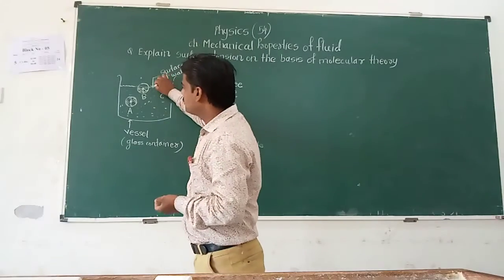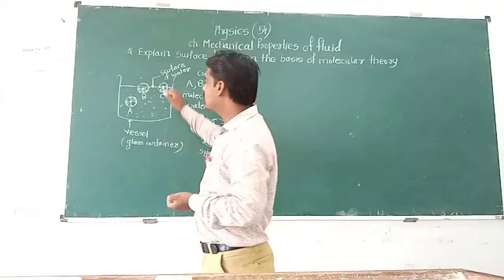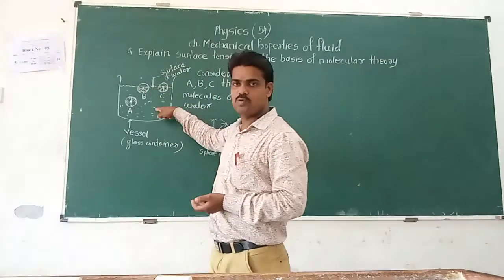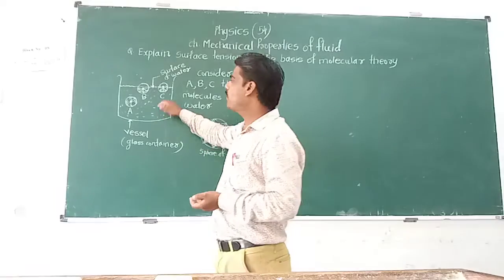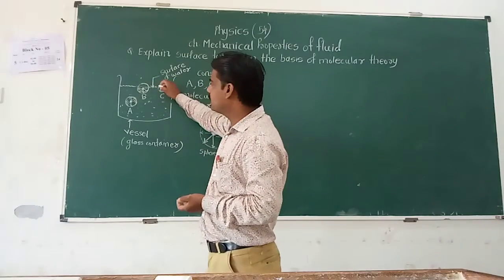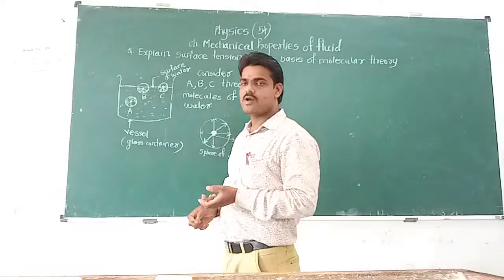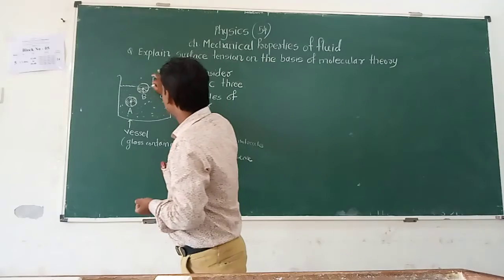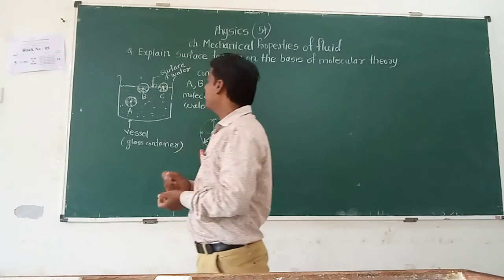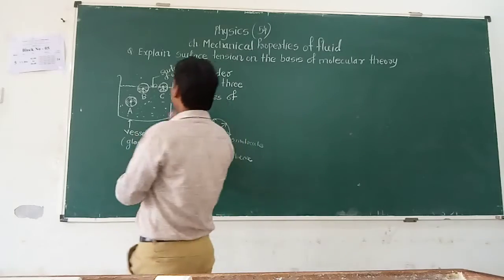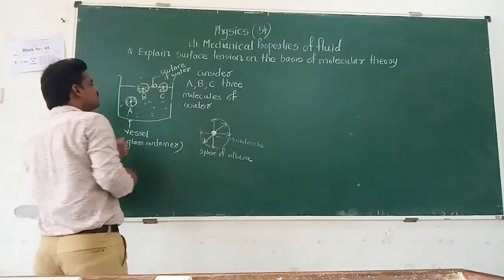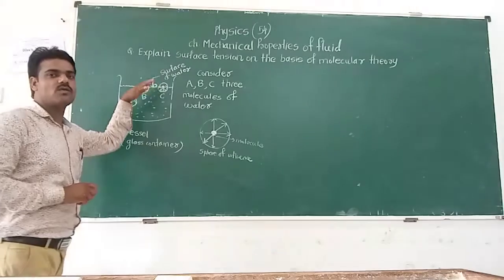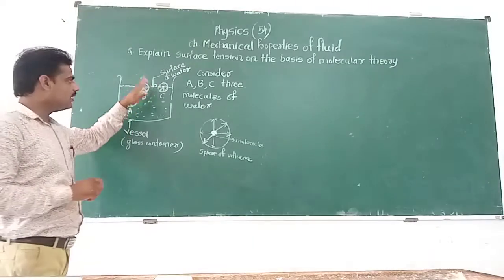Some molecules on the surface of the water try to come downward, so as to reduce the area of liquid molecules on the surface of the water.